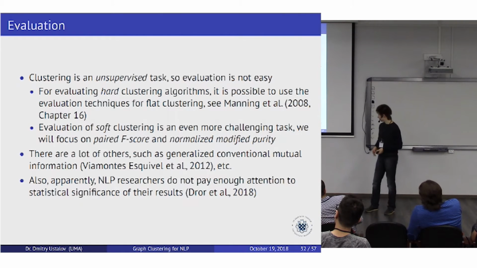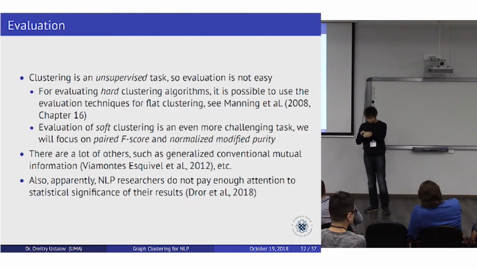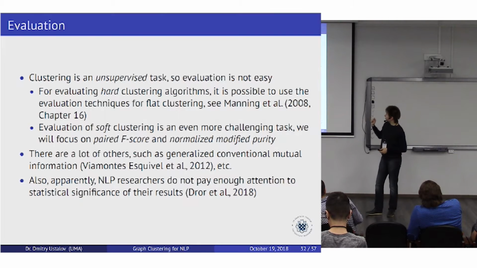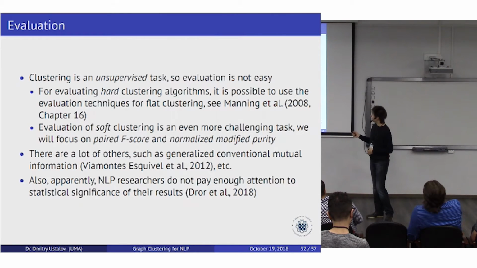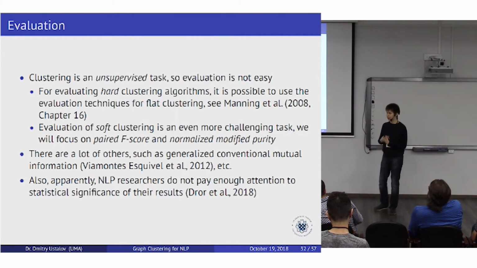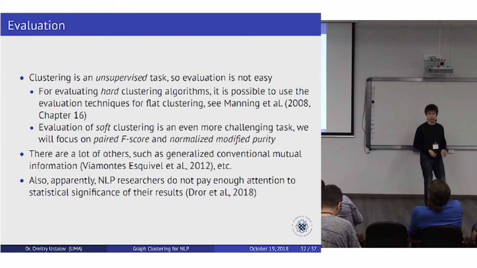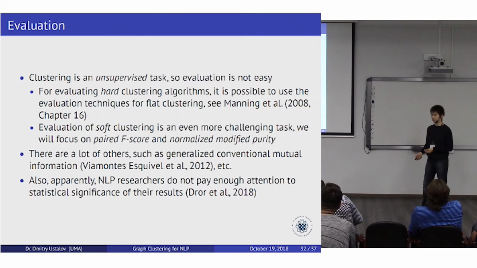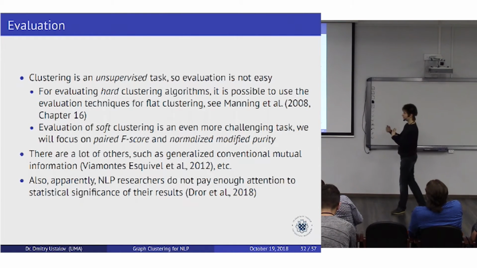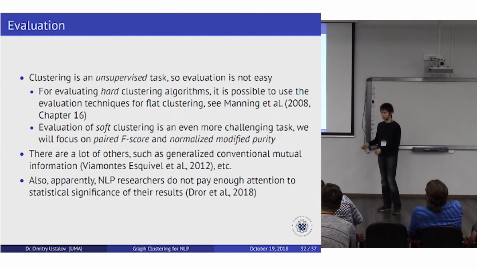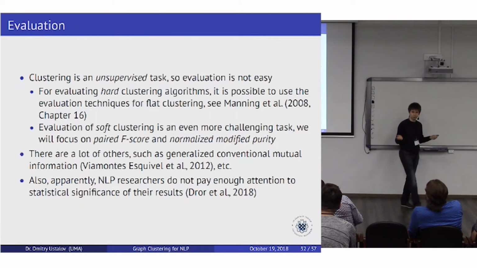And let's go to the more complicated topic, the evaluation. To evaluate clustering algorithms, we need to come up with some measures. And these measures are actually non-obvious. Because if you have, for instance, a supervised machine learning task, you can evaluate it in a very straightforward way. You have the gold standard data set, and it can be very simply compared.